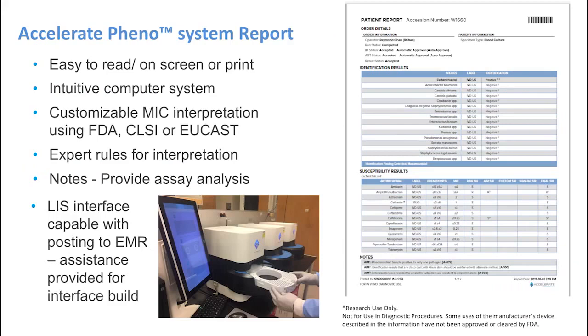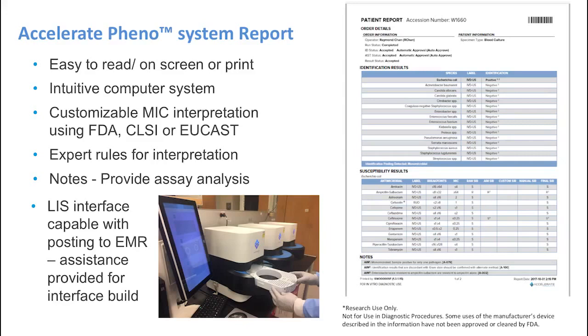This is the Accelerate Pheno report that you can see on the right-hand side here. It's easy to read. It can be on the screen, or you can print the report. It's an intuitive computer system, very easy to use, and it has customizable MIC interpretation for FDA, CLSI, or EUCAST breakpoints. It has export rules for interpretation.